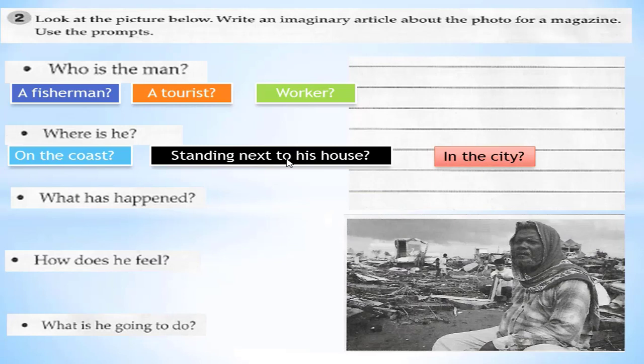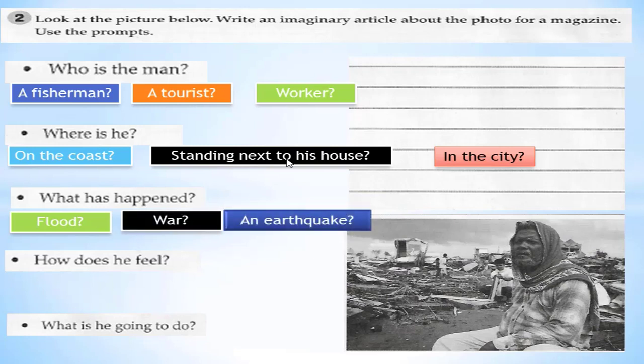In the city? Yes, in the city. But this city was hit by a tsunami. That's why tsunami is very dangerous, and it is a natural disaster. What has happened? You can say a flood hit the place, or a war was there, or an earthquake, or even a tsunami.